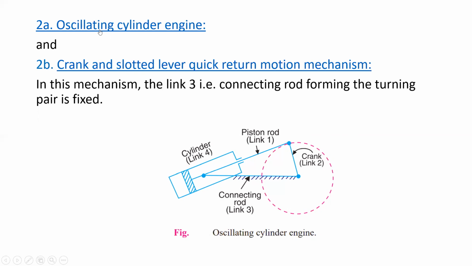So both of these mechanisms are the same inversion, and how are they obtained? They are obtained by fixing link 3. Link 3 is our connecting rod of the slider crank chain. Okay, so see here, the connecting rod is fixed. Now what will happen to the cylinder?